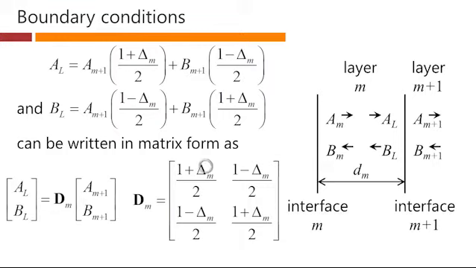It's A_{m+1} times this term, plus B_{m+1} times this term, and that's exactly what we have up here. So this is another way of writing these two equations, a rather convenient one. And now we have what we could call a boundary condition matrix. So that matrix allows us to relate these amplitudes to these ones.